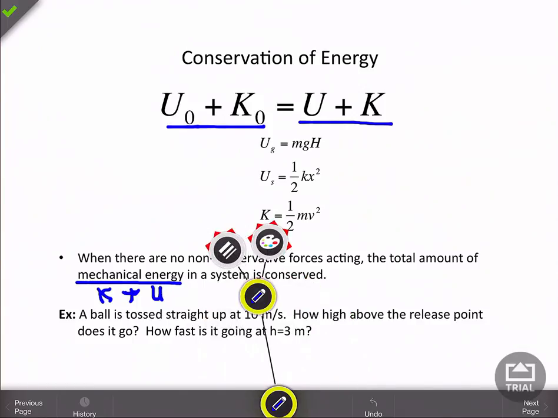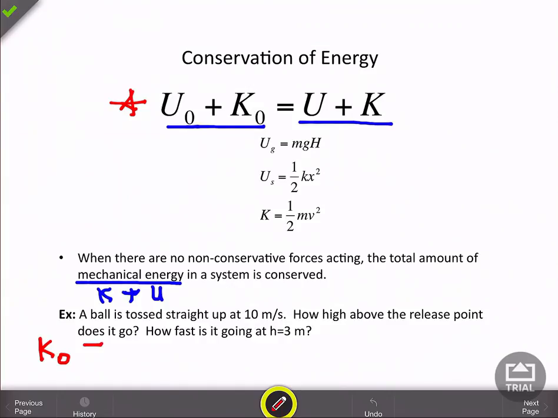So our conservation of energy formula says that our total initial energy is equal to our total final energy. If I'm tossing a ball straight up at 10 meters per second, initially this ball only has kinetic energy. So I'm going to adapt my general formula to the specific situation that I'm dealing with. I don't have any initial potential energy because this object starts on the ground. I just have initial kinetic energy.